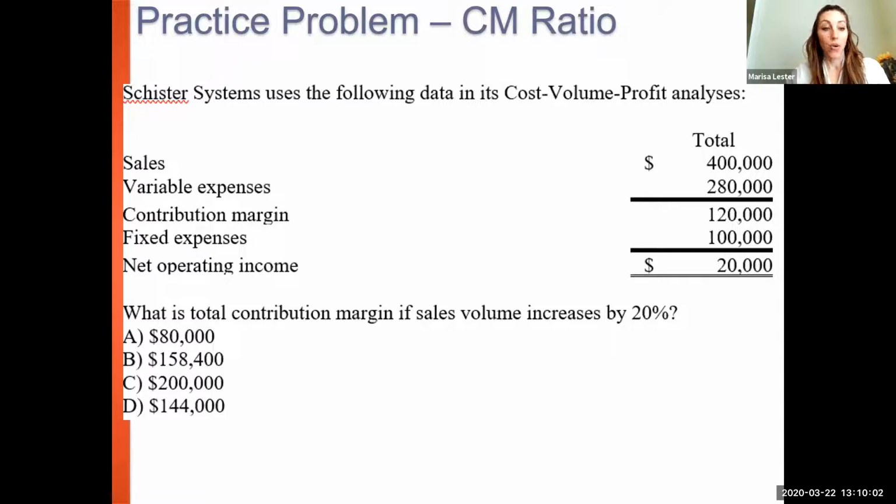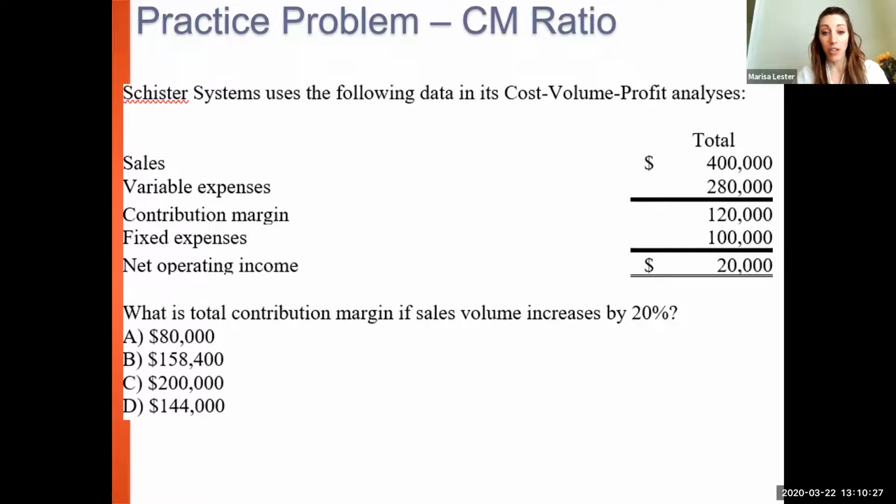All right, so right now I've got total sales minus total variable expenses gives me total contribution margin minus fixed expenses gives me net operating income. I do not have my sales price per unit. I can't calculate that either because I don't know how many units I'm selling. I don't have my variable cost per unit. I don't have my contribution margin per unit.